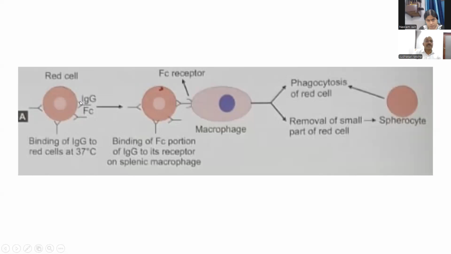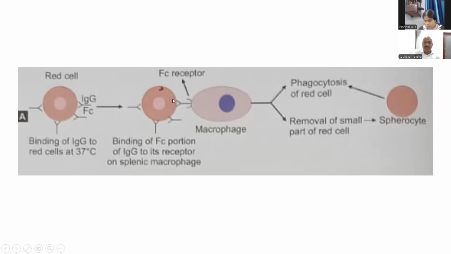The basic mechanism is the antibodies are formed towards the virus. They will cross-react with the antigens present on the red cell surface. So the RBC are coated with the immunoglobulins, the autoantibodies, and towards the Fc end, the macrophage will bind and will bring about lysis of the RBC.